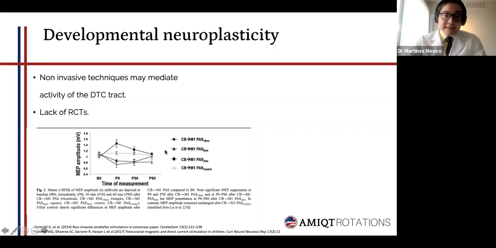So basically these studies want to use different techniques of transcranial stimulation or direct transcranial current stimulation in order to induce neuroplasticity of the cerebello-thalamocortical networks in order to possibly improve symptomatology in these patients.